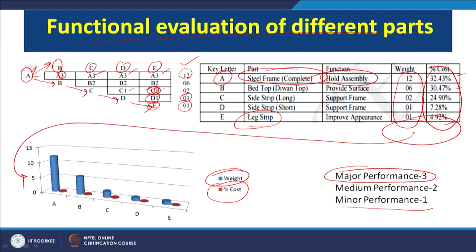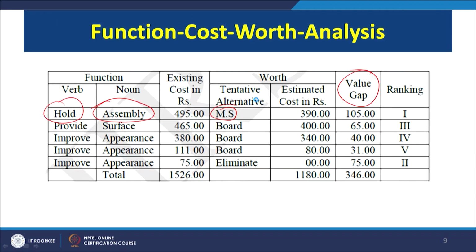The existing cost is 495. If we make it in mild steel, it can be 390, the value gap is 105 and the ranking is 1. So the first alternative that we can try is changing the material of the frame from the existing steel to mild steel, and the basic function is to hold the assembly.